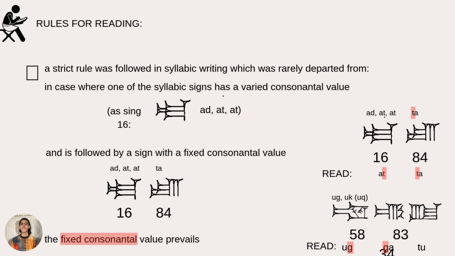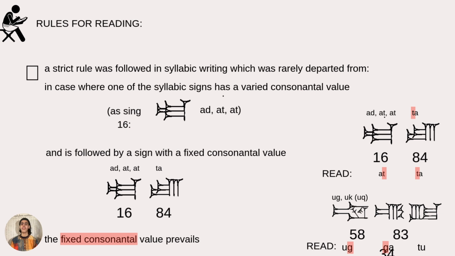In a case where one of the syllabic signs has a varied consonantal value and is followed by a sign with a fixed consonantal value, the fixed consonantal value prevails. What does it mean? We are going to see the sign that is the 16, that we actually are going to need for the pronouns.